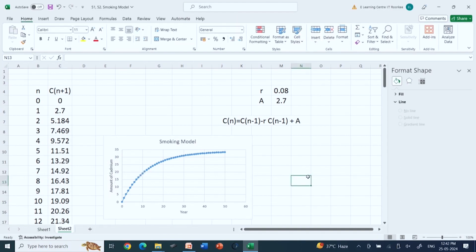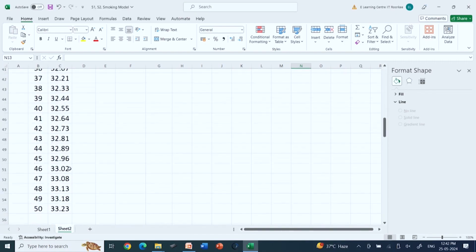So this reaches some steady state value, which I can see as 33 point something, a little more.